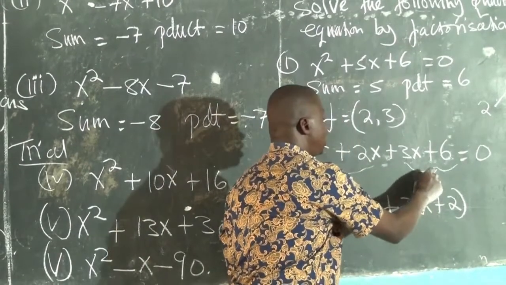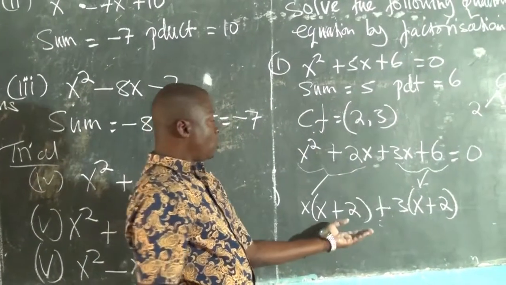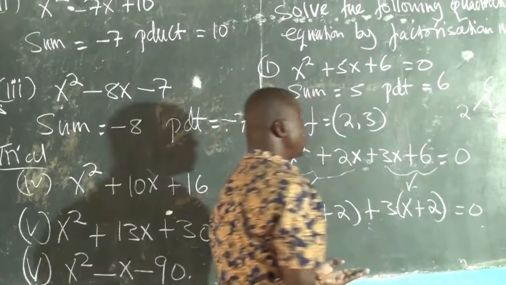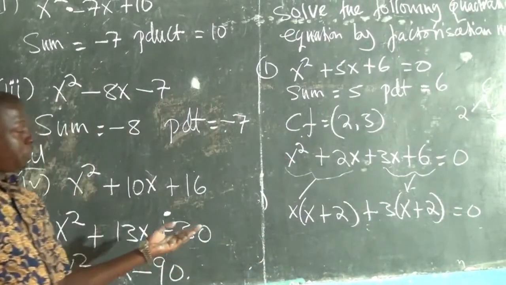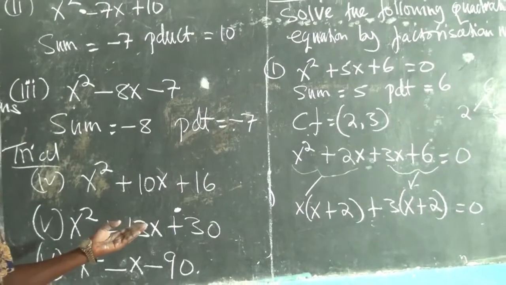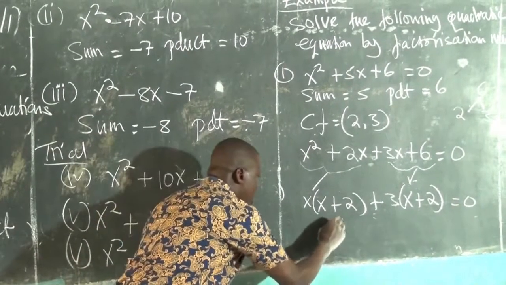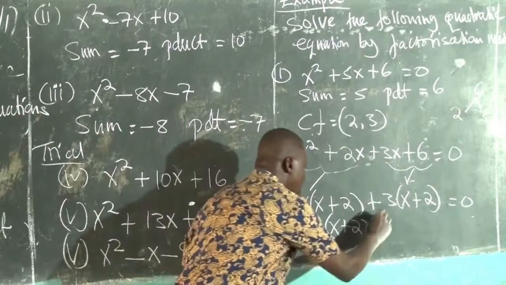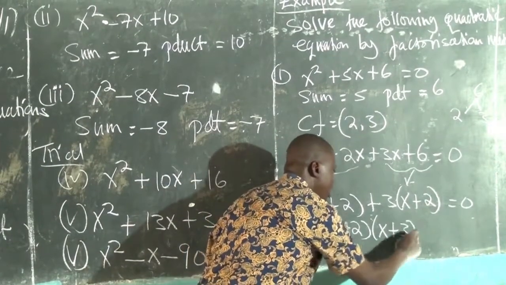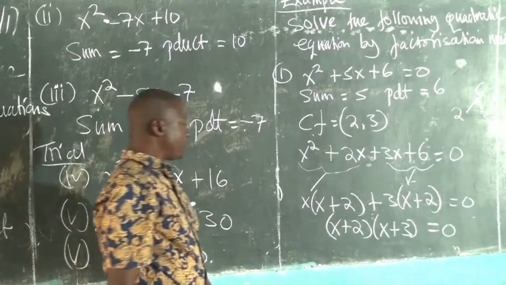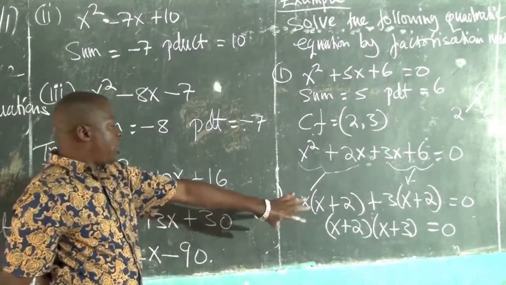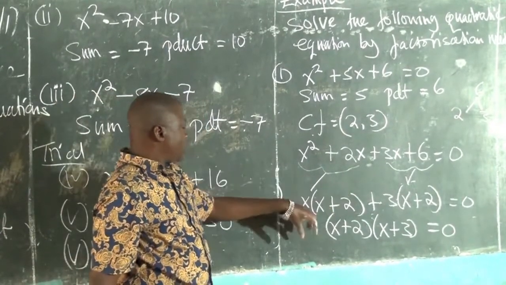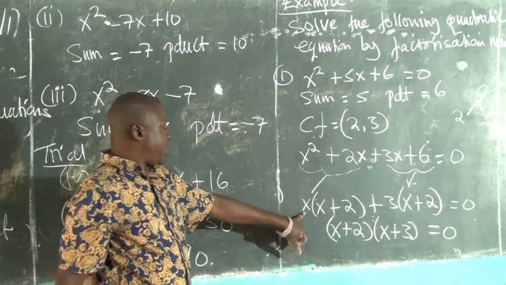Still, this is not enough. We shall not conclude that this is the answer. Go ahead to pull out the common factor. Our common factor is x plus 2 into x plus 3 equal to 0. In other words, pull out x plus 2, it gives a positive x.